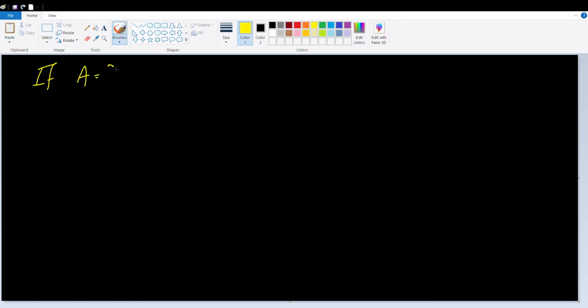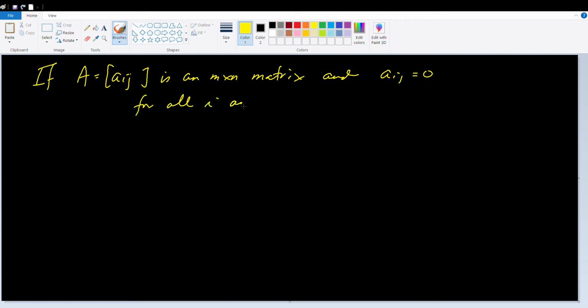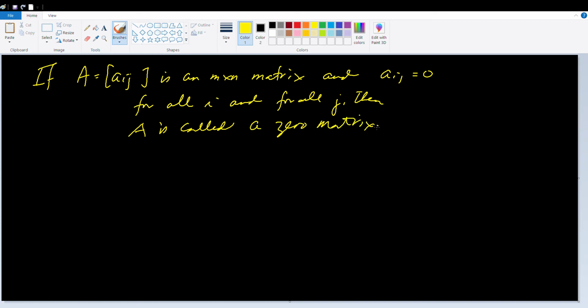If A equal to Aij is an m by n matrix and Aij is equal to 0 for all i and for all j's, then A is called a zero matrix. Hence, a zero matrix is denoted by 0.